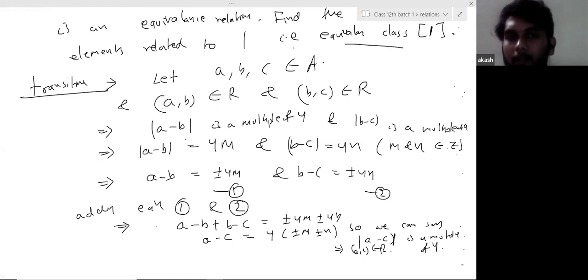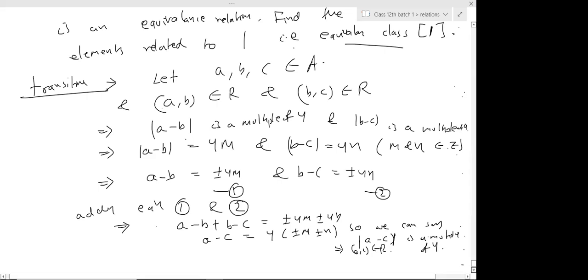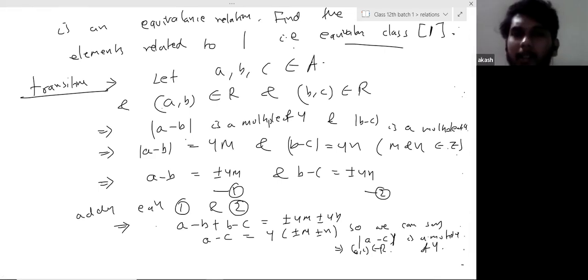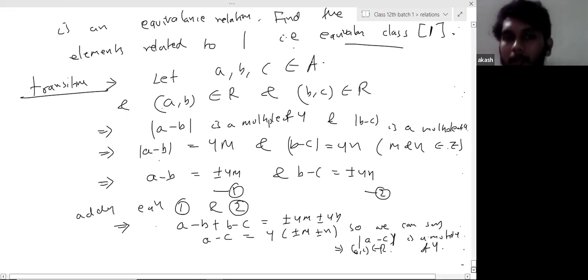In that question we had to check even and odd, which is easy to distinguish: we can make two cases, both odd and both even. But here it is a multiple of 4, so there is no other way to categorize this.